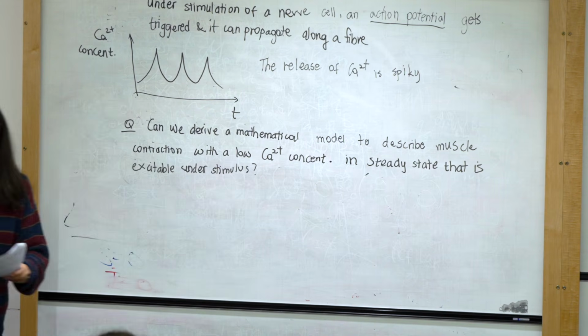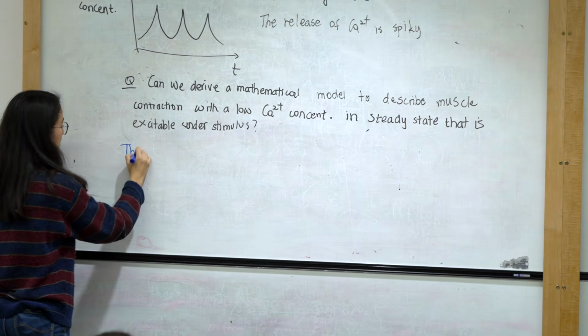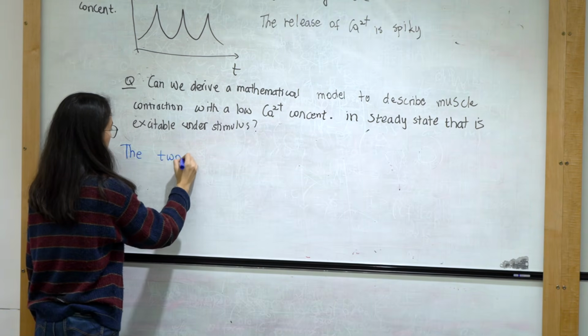So there is a known model. It's called the two-pool model.